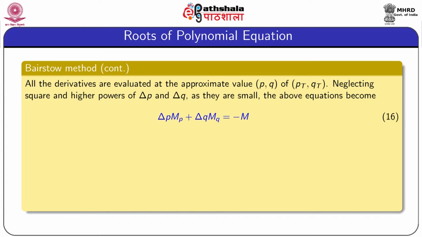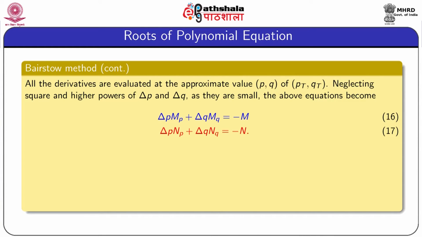After neglecting them, the above equation becomes delta p into mp, where mp represents the partial derivative of m with respect to p, plus delta q into mq, which is also the partial derivative of m with respect to q, which is equal to minus m. Similarly, from the second equation of the last slide, we get delta p into np, where np is the partial derivative of n with respect to p, plus delta q into nq equal to minus n.